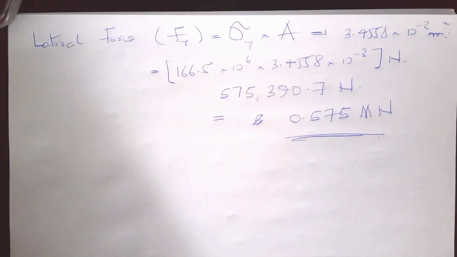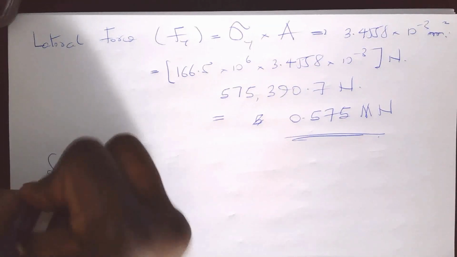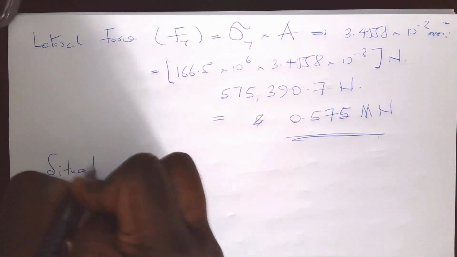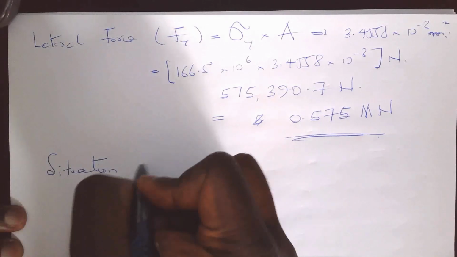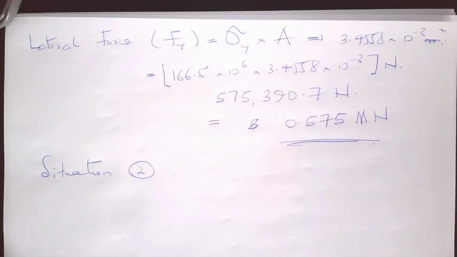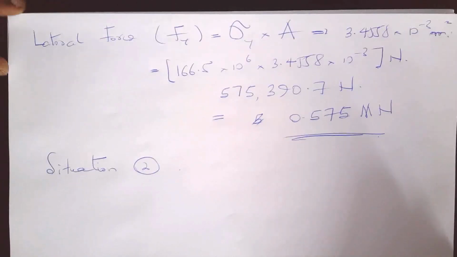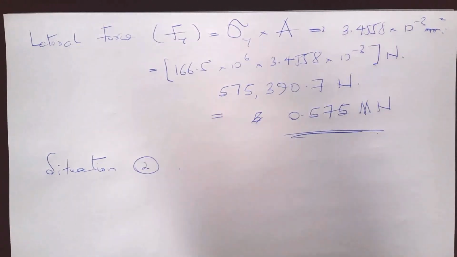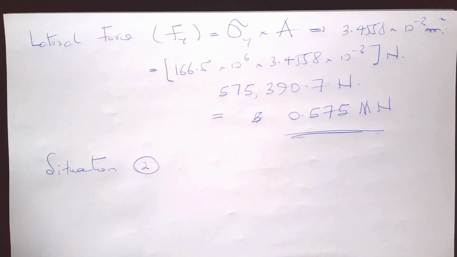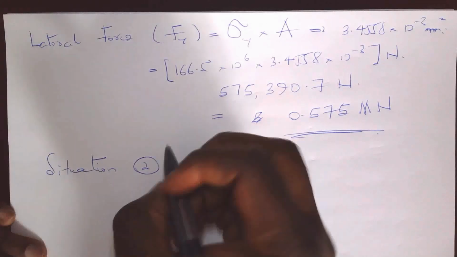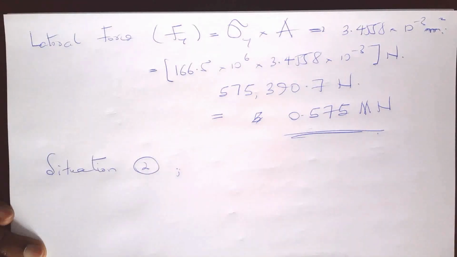So let's look at the worst case, situation 2. And I think in terms of designing for reliability, it's always best to factor in a situation whereby there is possible constriction in the pipe. Is that going to cause the pipe to burst radially? So let's look at the worst case.